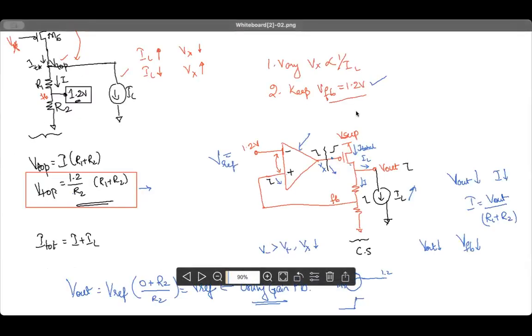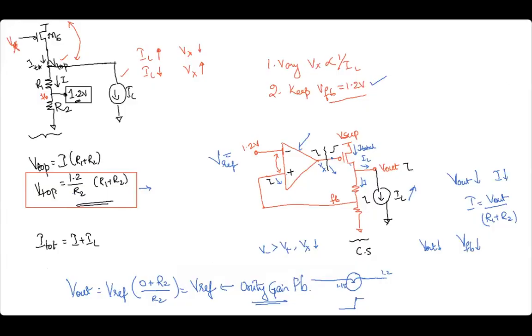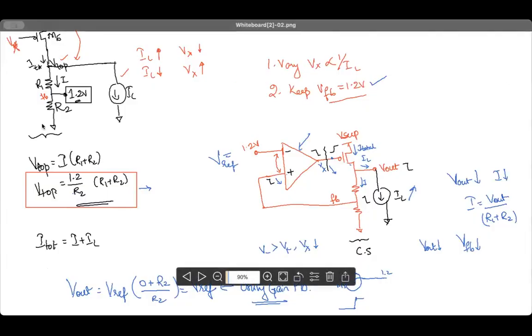Then we started looking at deriving some things. For example, I took the output stage of an LDO, where you have a PMOS and 2 resistances.